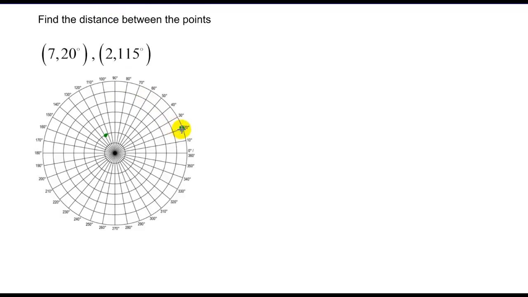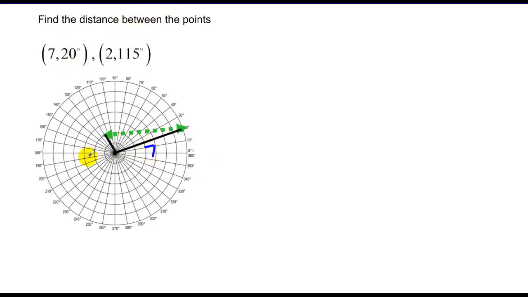Now, I think personally the best way to do this is use the law of cosines. Because if you'll notice, from this center, we've really created a triangle. And we know 2 of the sides of that triangle are the radii of the 2 figures.